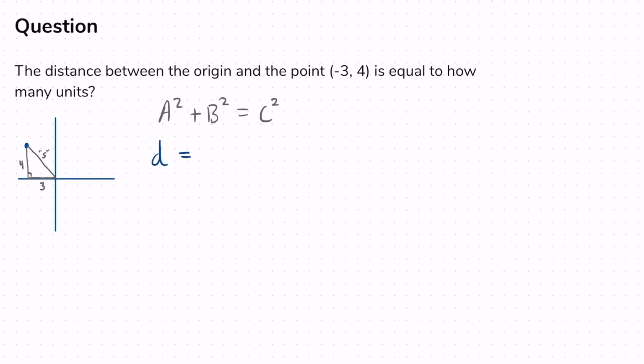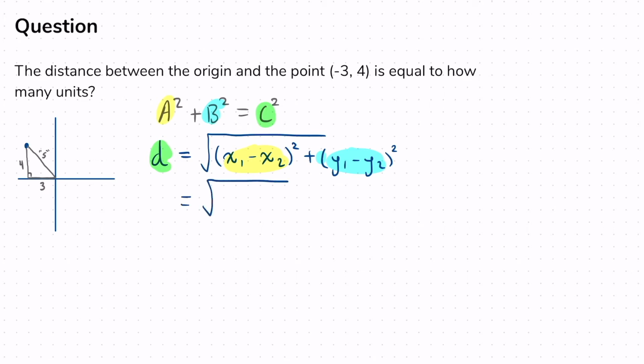And that's going to be equal to, well, I take the square root of both sides. It's the difference between the x values squared, so that's a, plus the difference between the y values squared, and that's b. So we're mapping a to here, b here, and finally c, that's our distance.